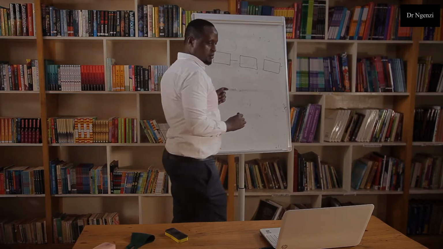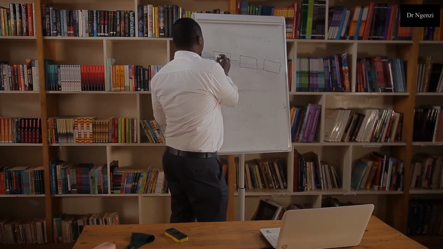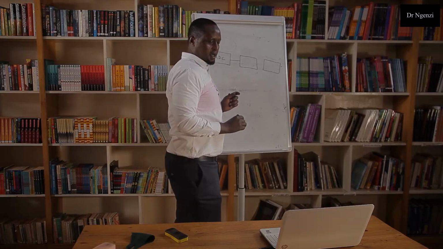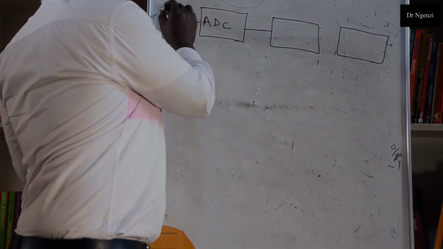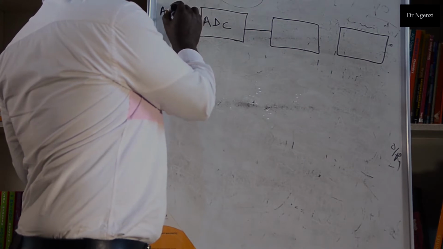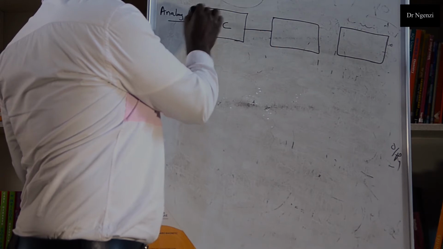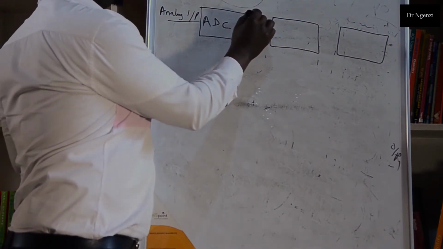So we have, for example, in first place, an analog to digital converter, and also a digital. This is analog input, and then it goes to digital input.